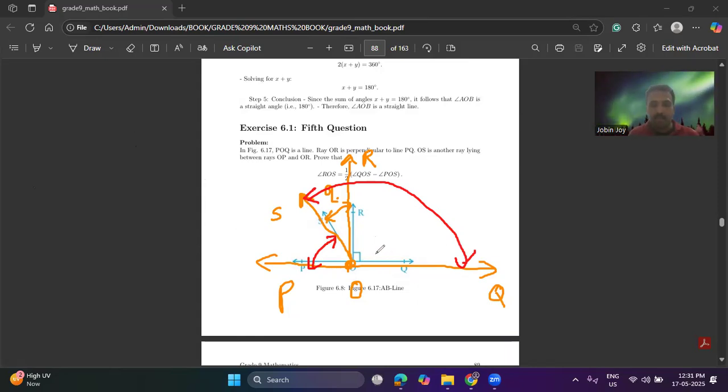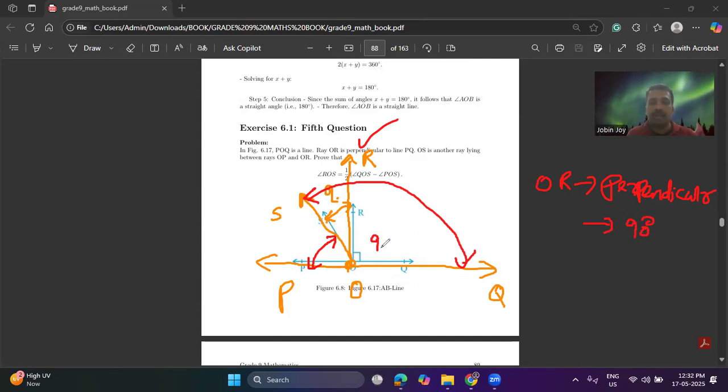So the first thing is that here we have a ray OR, right? It is given that OR is perpendicular. What is the meaning of OR is perpendicular? OR perpendicular means 90 degrees.